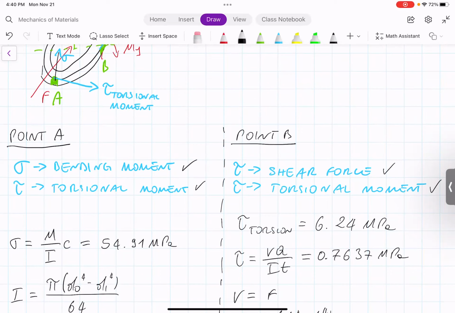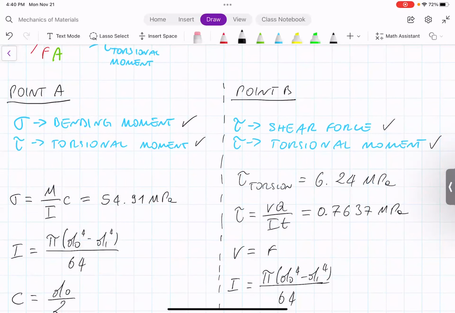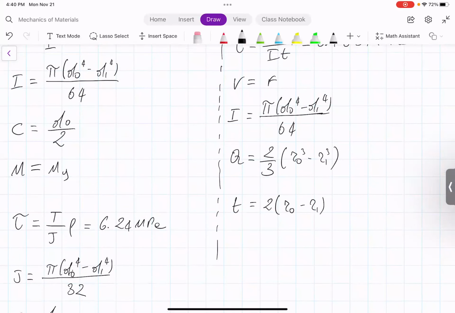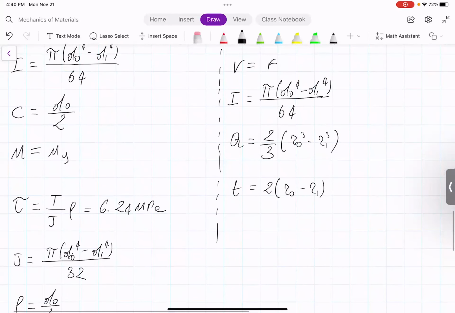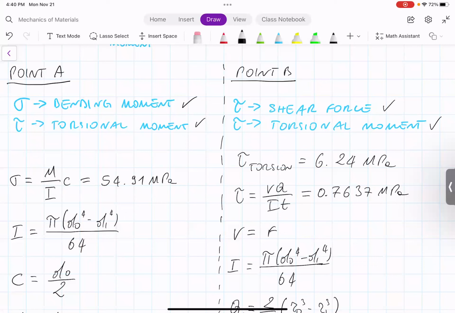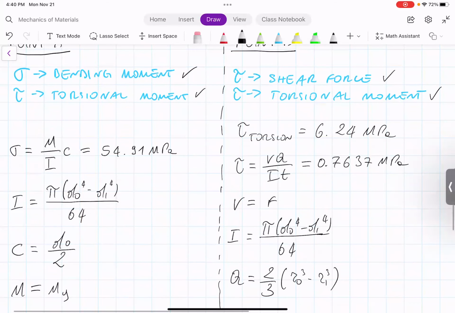In this case, for point A, we have normal stress, which we found is 54.91 megapascal, and the shear stress, which is 6.24 megapascal. So only one component of normal stress and one component of shear stress. In this case, we have 2 components of shear stress. So basically, we have to look at the summation of these 2.